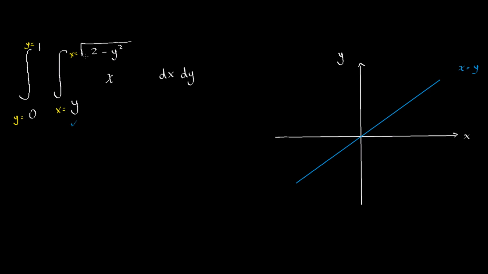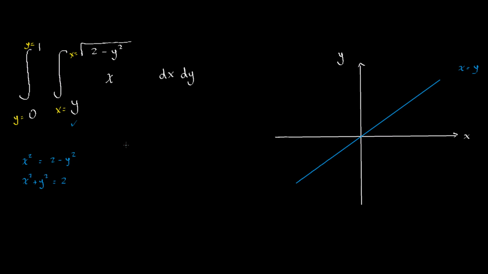This here looks like an equation of a semicircle. If you can't tell right away that this is a semicircle, you can square both sides. So you get x squared equals 2 minus y squared, and then if you take the y squared to the other side, you get x squared plus y squared equals 2. So this is an equation of a circle, and if you're taking the square root, it becomes a semicircle.